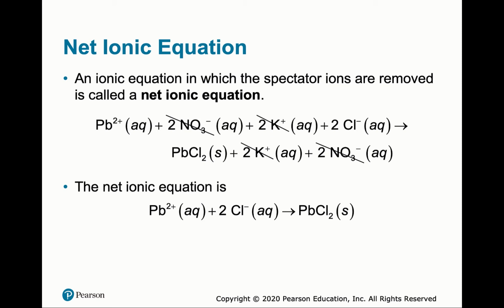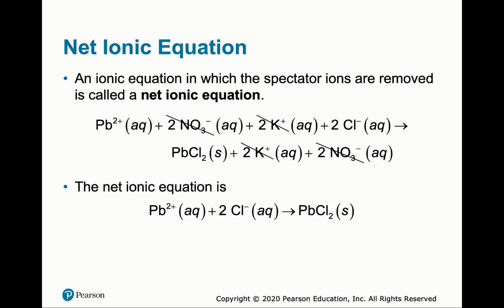So this complete net ionic equation tells us a story. We have lead plus 2 ions and 2 nitrates that have dissolved in solution, and we mix it with 2 potassium and 2 chloride ions, both dissolved in solution. Then the lead 2 plus and the chloride minus come together to form the lead 2 chloride precipitate, with the 2 potassium, the 2 nitrate ions floating in solution beside it.